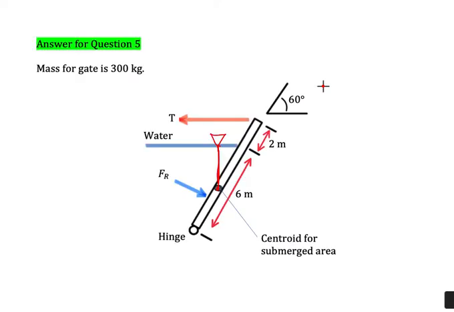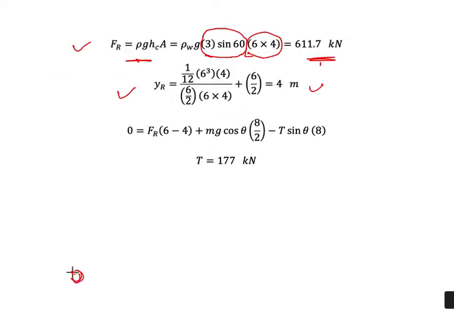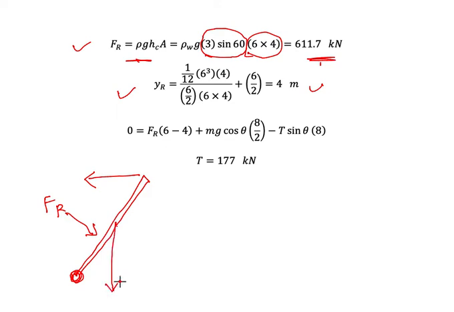Because we have a hinge at the bottom here, we could draw it like this. So we have a hinge, we have a plate here, we have an F_R here, and then we have a tension here, and then we have a weight downward like this. To determine the distance, we need to take the distance which is perpendicular to the force.